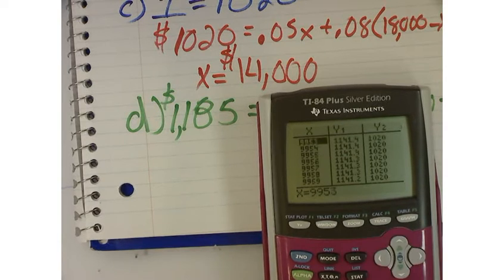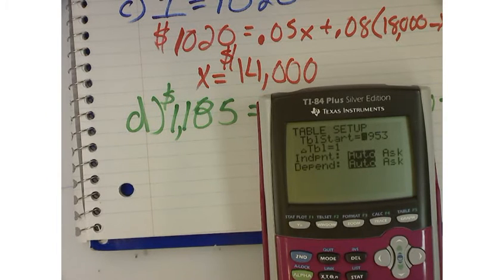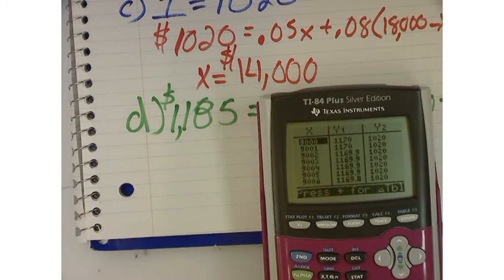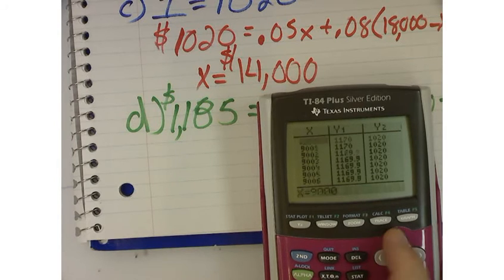Well, that's still taking too long. Let's try another one, okay? What should we try now? Let's try 9,000. Closer, 1170. Let's see if we can get there.